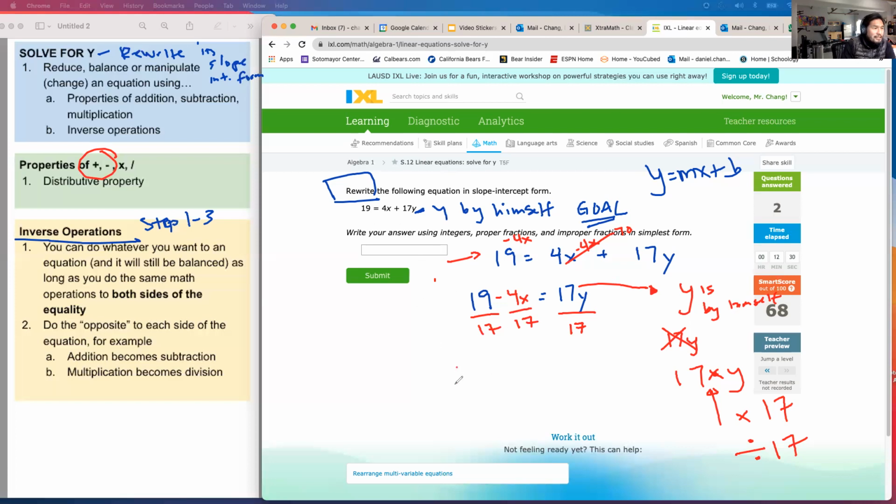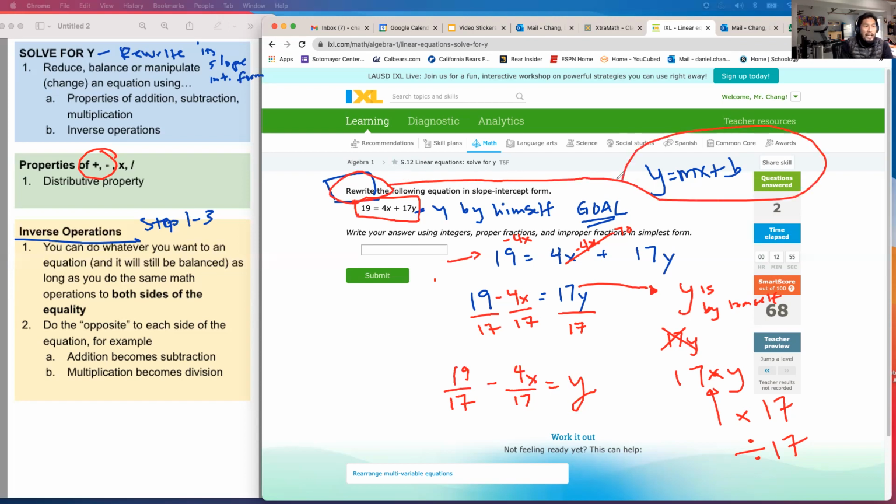So it is 19/17 minus 4/17 x equals y. That is this equation, 19 equals 4x plus 17y, rewritten in the y equals mx plus b format.